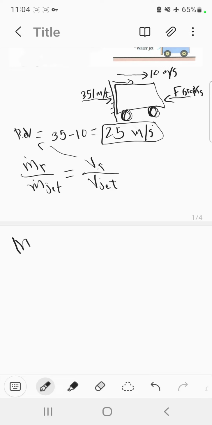Cross multiplying, the mass flow rate equals the mass flow rate of the jet multiplied by V_R over V jet.